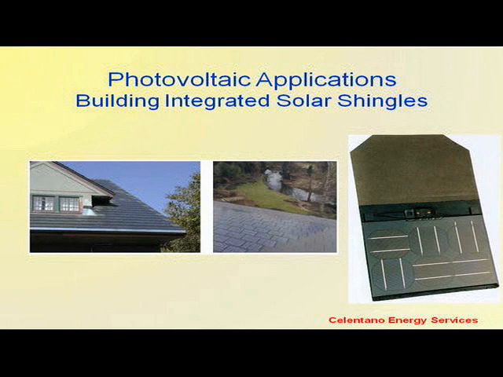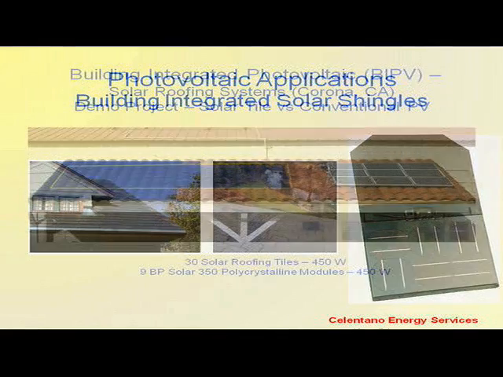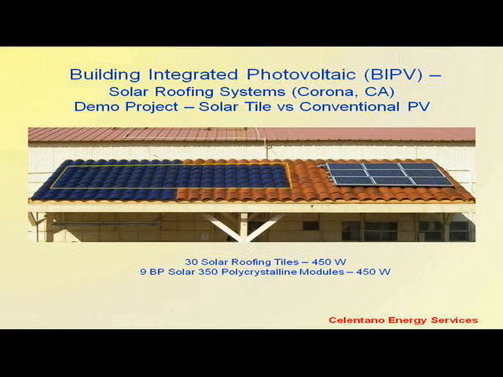They have made solar cells into shingles, which can be integrated into a roof, and it's a very subtle way of installing solar on your roof. It doesn't attract a lot of attention.